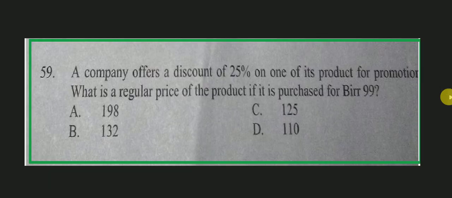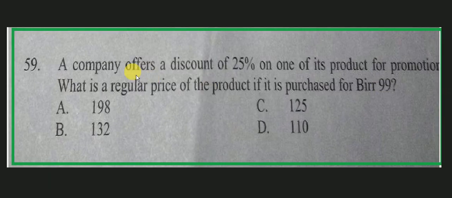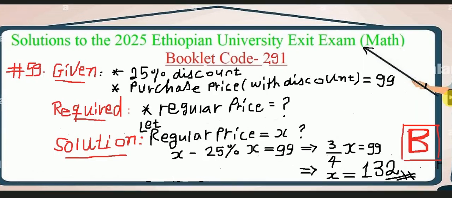Next, problem number 59. A company offers a discount of 25% on one of its products for promotion. What's the regular price of the product if it is purchased for $99? Okay, the discount is given, 25%, and the purchase price with discount is given.